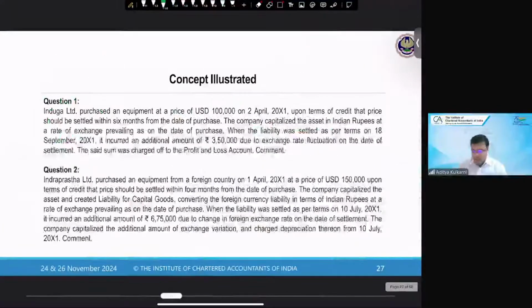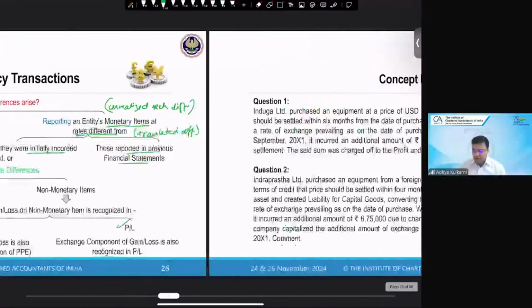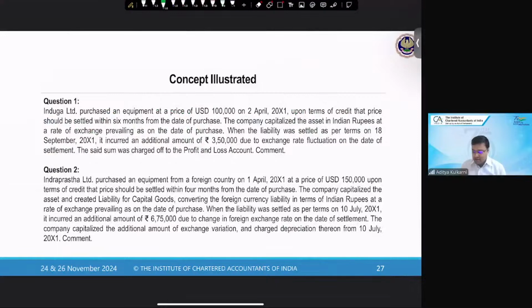Next one. These are a couple of questions which we can just rush through. Induga Limited purchased an equipment at a price of USD 100,000 on 2nd April upon terms of credit that the price should be settled within 6 months from the date of purchase. The company capitalized the asset in Indian rupees at the rate of exchange prevailing on the date of purchase, which is correct, the spot rate on the date of transaction.